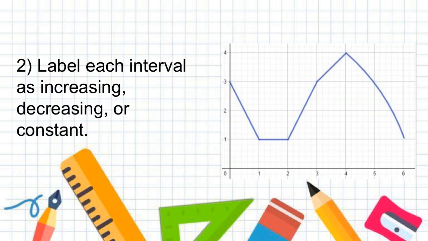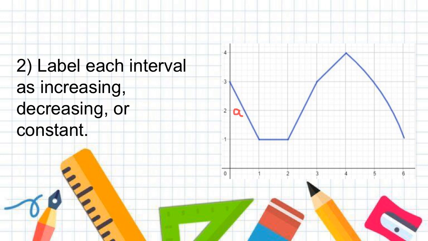Question number 2 says to label each interval as increasing, decreasing, or constant. So I don't have any of my intervals numbered or lettered. Sometimes we use numbers, sometimes we use letters. So I'm going to go ahead and do that really quick. I'm going to use letters.